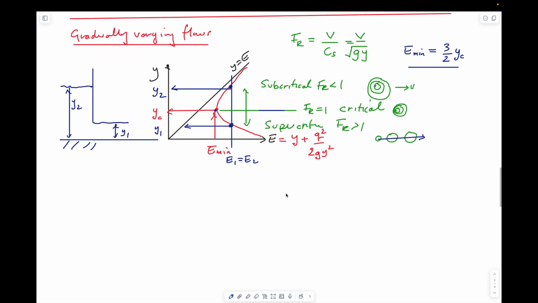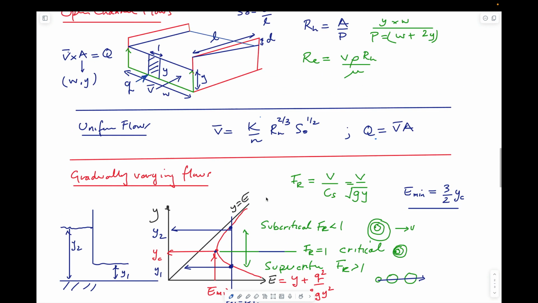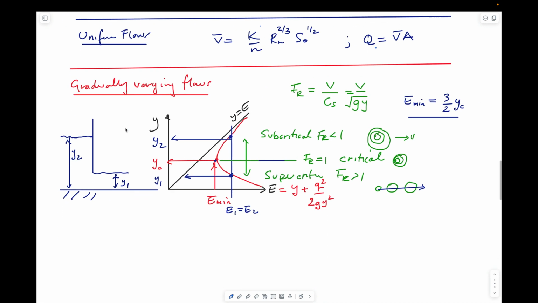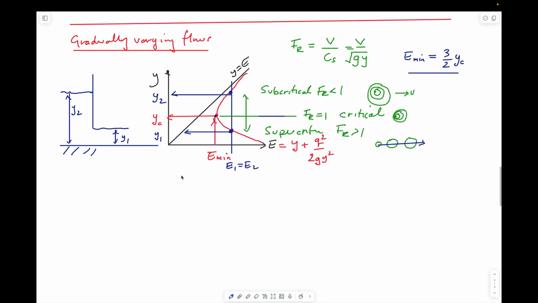There isn't a Chezy equation on the test, but there is a gradually varying flow equation. For gradually varying flow equations, we can write the equations in terms of the flow per unit width of the channel, which is our lowercase q. And we can draw this specific energy diagram, which gives the depth of the flow as a function of the specific energy.